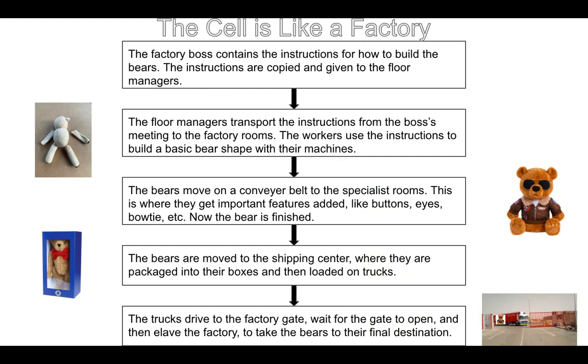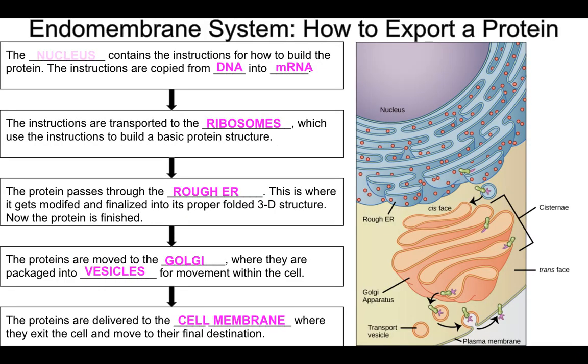The floor managers are going to transport those instructions from the boss's meeting to the factory room. So now we're moving to the factory. The workers will use the instructions and build a basic bear shape. Okay, over here, while it doesn't look like it, we have a bear, right? We've built the main pieces of our stuffed animal. So what is that going to be like here?